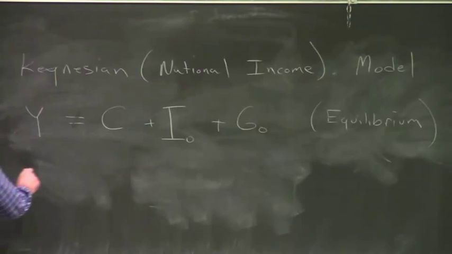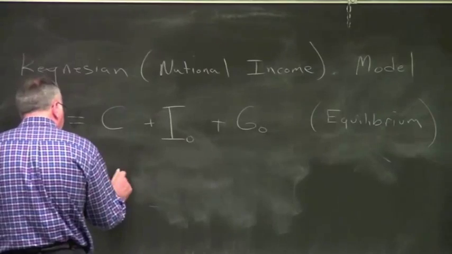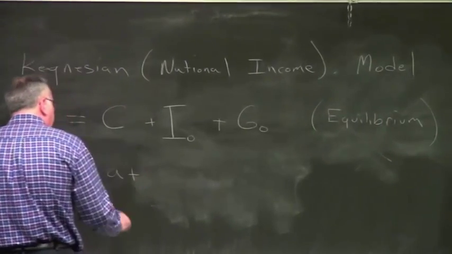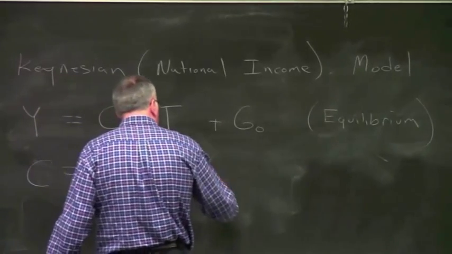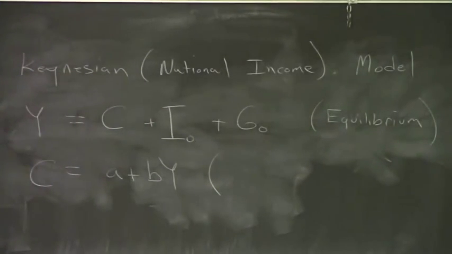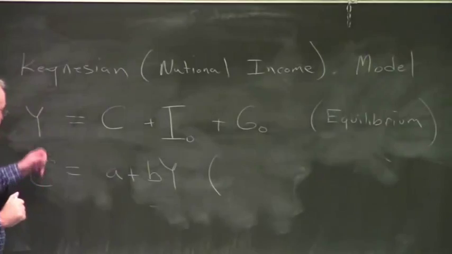And here, consumption expenditures depend on the level of national income. Consumption is just assumed to be a linear function of whatever national income is, which makes sense. So let's just call this linear function A plus BY. And this is a behavioral equation, and it's called a consumption function, because it explains the relationship between consumption expenditures and national income.